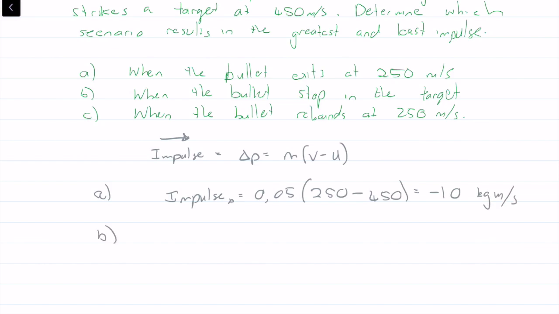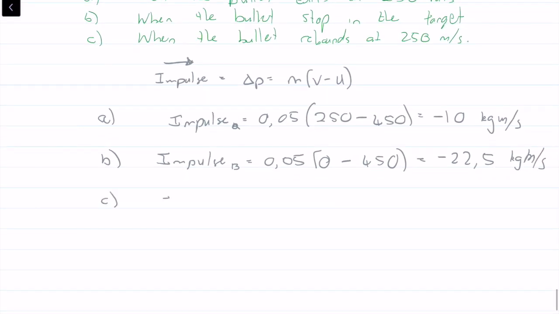For B, impulse B is equal to 0.05, the final velocity is 0, the initial velocity is 450, so once again, plugging that into our calculator, we get a value of minus 22.5 kilograms meters per second.